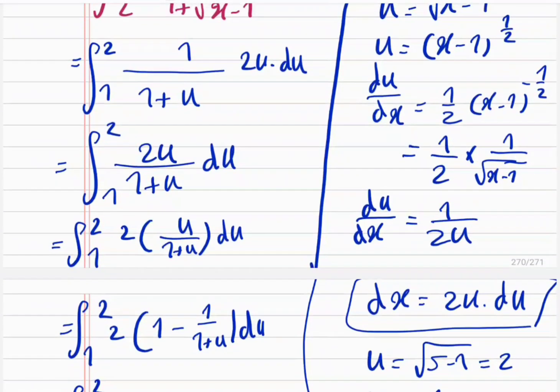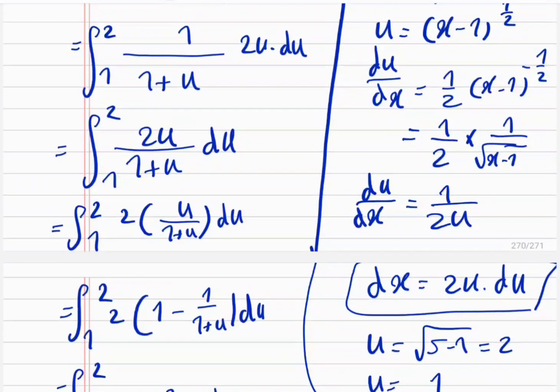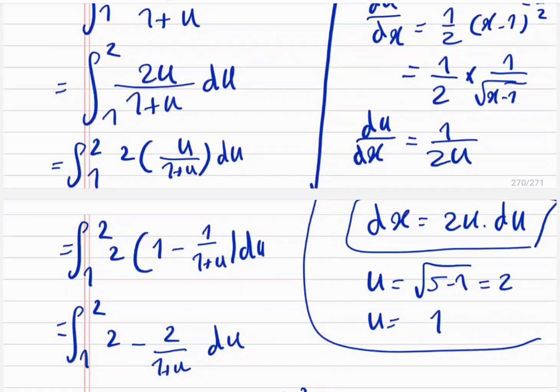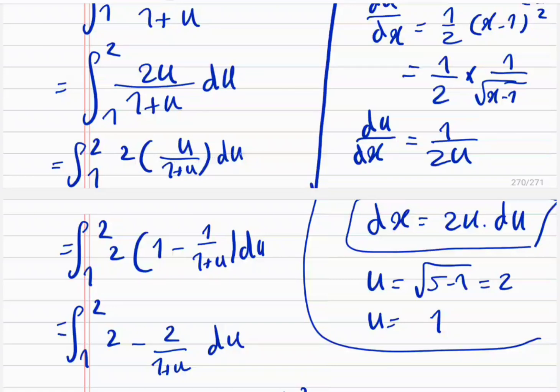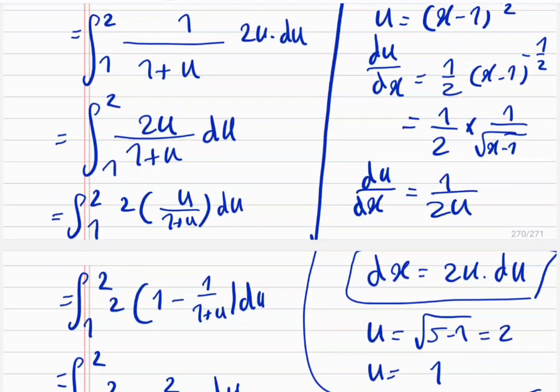Now here is a very interesting algebraic trick that we can use. If we rewrite this as 2 times u over 1 plus u, still, as you can see, there is a problem, because we can't really integrate this by reverse chain rule, for example, or just using the natural log, because the natural log of 1 plus u, when you differentiate that, you won't get u over 1 plus u, you won't have u on the numerator, so that doesn't work.